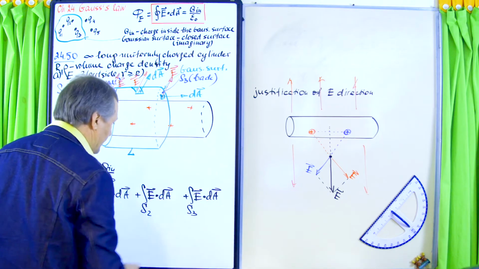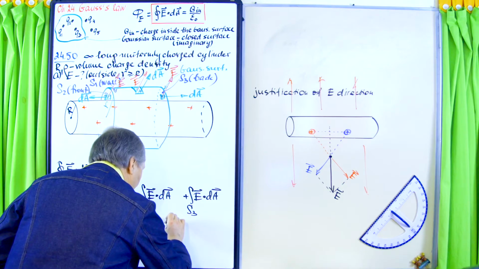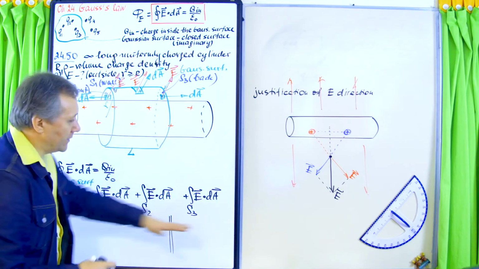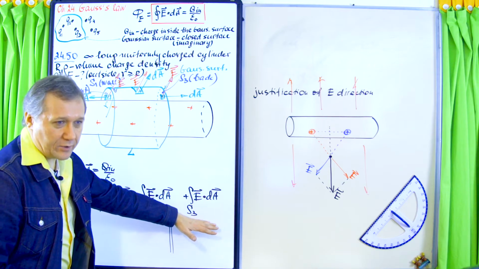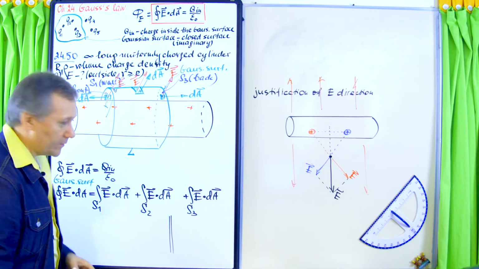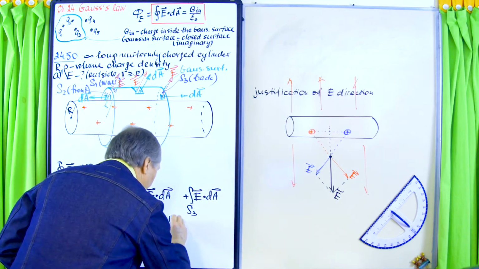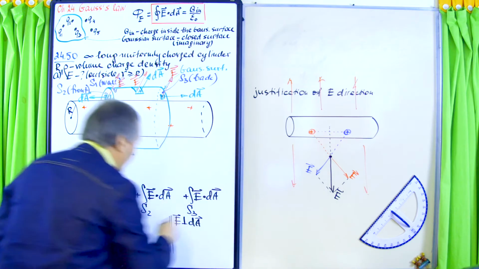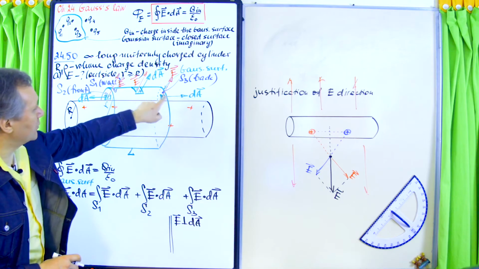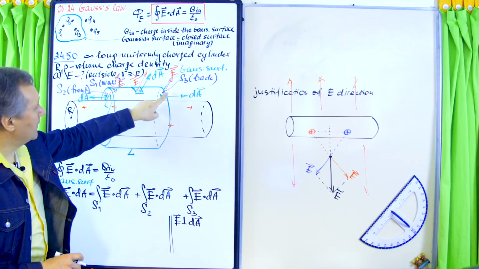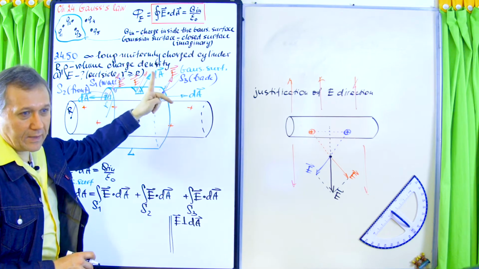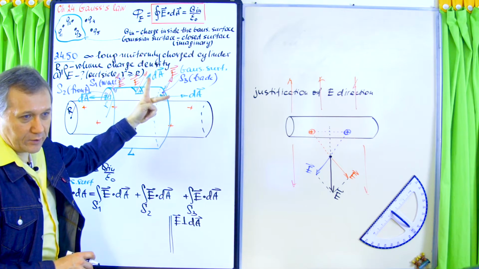First, this one, S3. I will put it sort of separate, and I will write underneath explanations of what I'm going to do with this integral. So first, you can see on the picture that E is perpendicular to dA on surface S3. E is radial, dA is along the cylinder. 90 degrees between these two vectors.